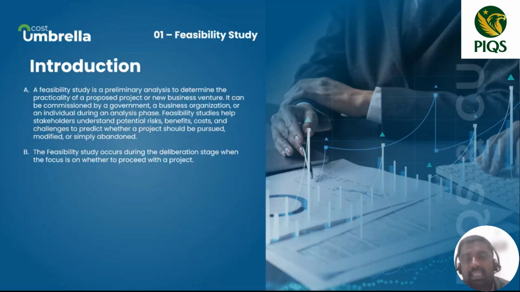That means that analysis, that understanding, did not happen. So in summary, from a simple perspective, before starting any project or any activity, you should know whether you are able to complete it or not, whether you have the capability of completing it or not. That is the purpose of feasibility studies.